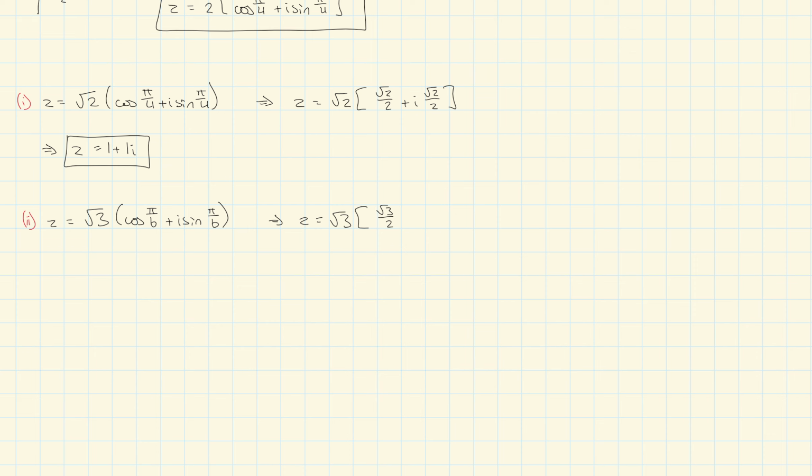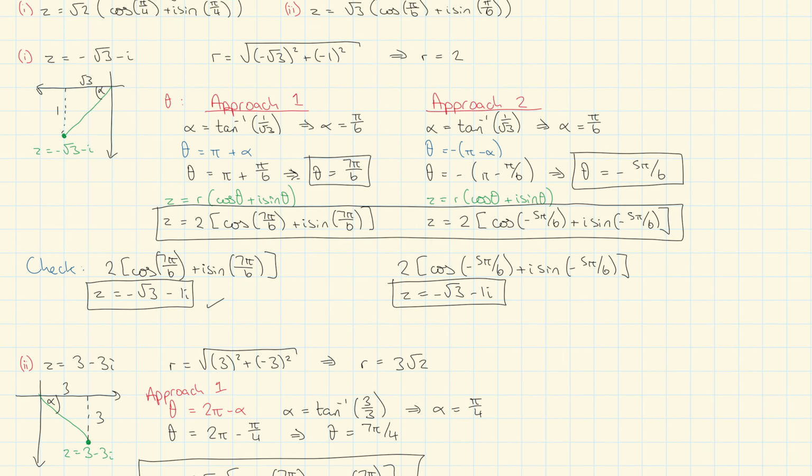Sine of pi over 6 is a half. So, and multiply them out. So root 3 multiplied by root 3 over 2 will give us 3 over 2. And then root 3 multiplied by a half will give me root 3 over 2 i. And there's your answer in rectangular form. And that's those examples done.